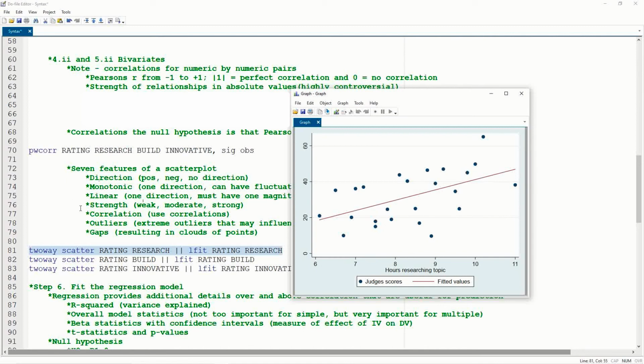The next question is whether or not it's linear. Linear is asking, we know that it's monotonic, we know that it's always going in one direction, but does it consistently go in that one direction to the same magnitude? In other words, if I put a line of best fit through the cloud of points, does it actually fit basically through the middle of my cloud of points? Or is my cloud of points starting to go up in this direction? Generally speaking, this looks perfectly fine.